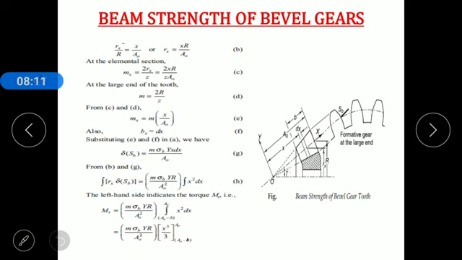Torque M suffix t is equal to m sigma by r divided by AO square, integration from lower limit AO minus b to upper limit AO, x square dx. That limit is taken from the elemental section.